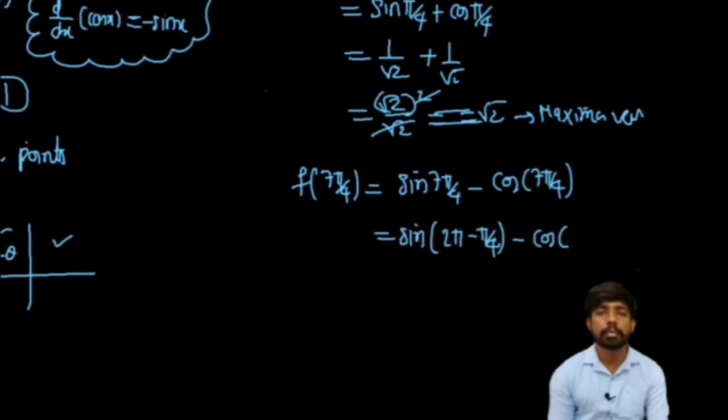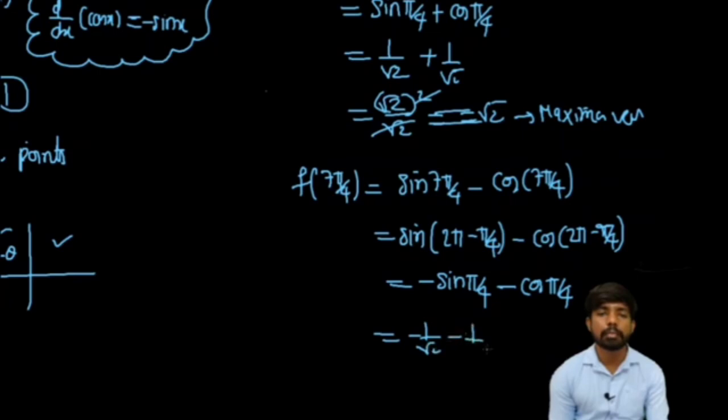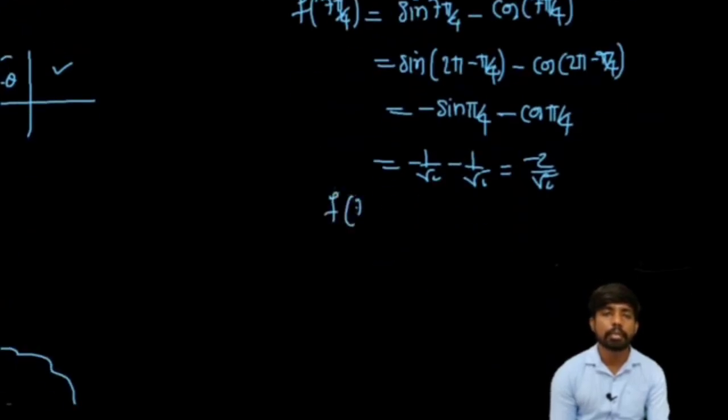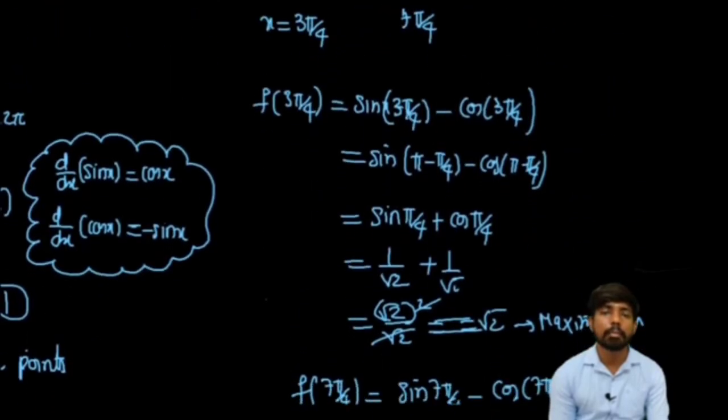In the fourth quadrant sine is negative, so minus sine pi by 4, and cos is positive, so minus cos pi by 4. So minus 1 by root 2 minus 1 by root 2, which is minus 2 by root 2. Therefore f of 7 pi by 4 is minus root 2, the minimum value. This is the minimum value, and that was the maximum value.